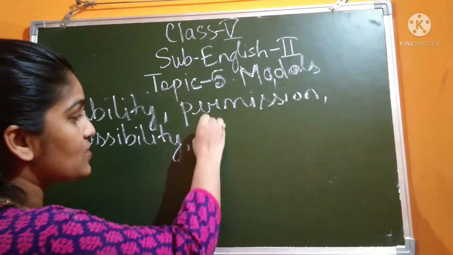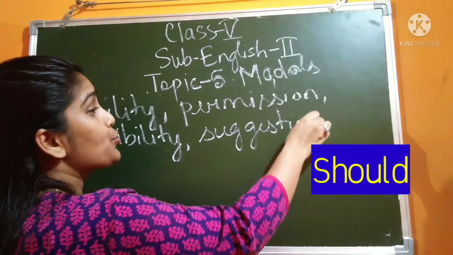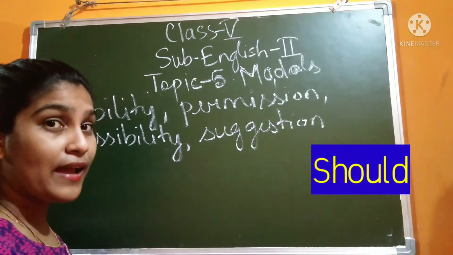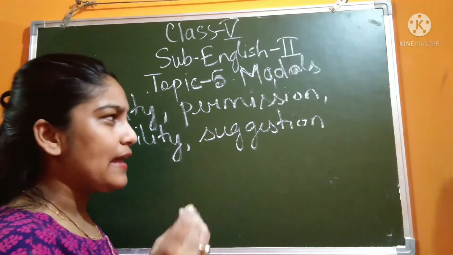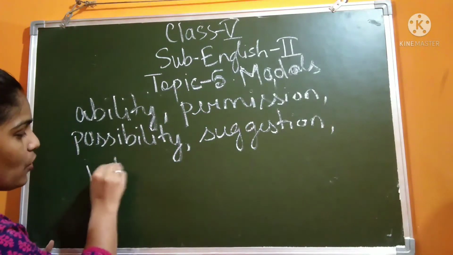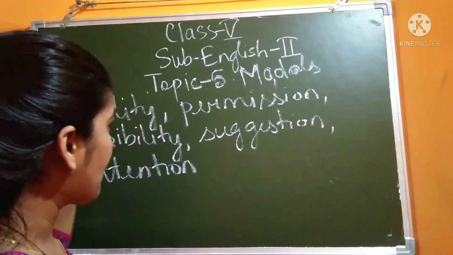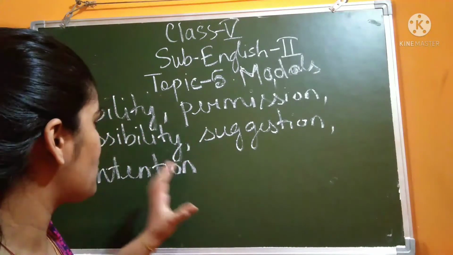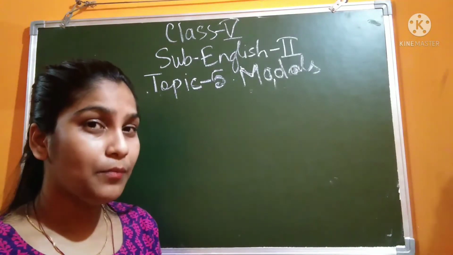And also suggestion, like if we use the modal verb should. You should do like this, to get good marks or for your bright future. So that is suggestion we can give. And also intention or future action. So we use modal verbs to express ability, permission, possibility, suggestion, intention. Understood?